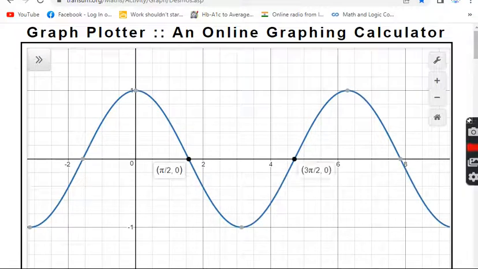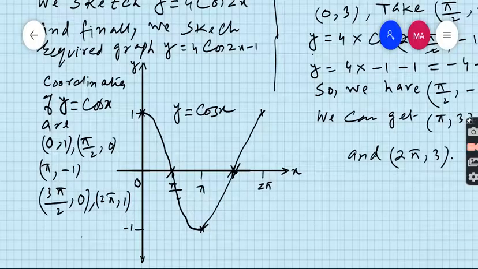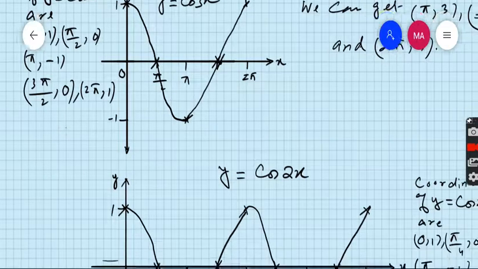This is pi by 2. This is 3 pi by 2. This is 2 pi. So just focus from 0, 1 to 2 pi, 1. Only this part, because our domain is from 0 to 2 pi. So hope you understand. Come to the next graph.